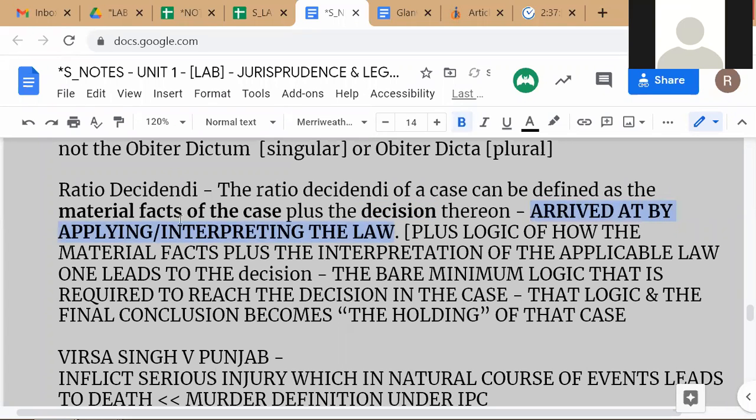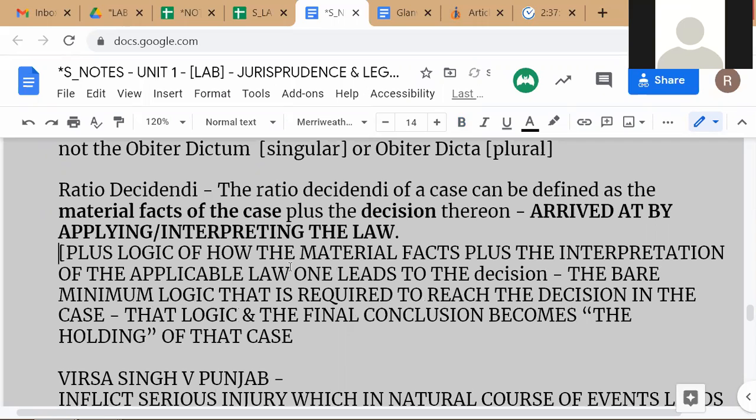Remember the separation of powers, the role of the judiciary is to interpret the law. So the logic of how the decision is reached is also part of the ratio decidendi. We'll come back to ratio decidendi many times and define it with respect to individual cases, and then you'll understand better. But we'll start with this definition.